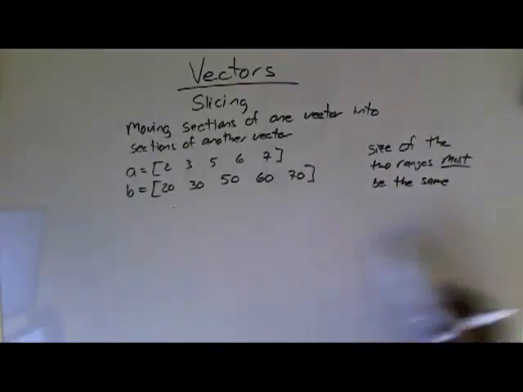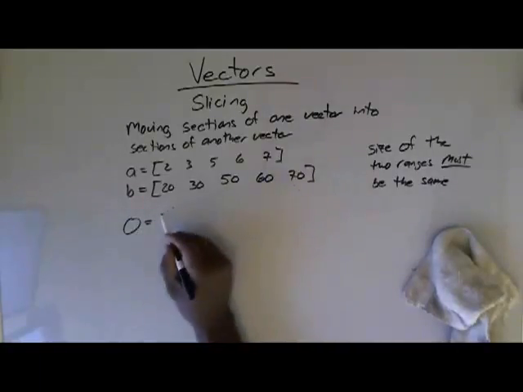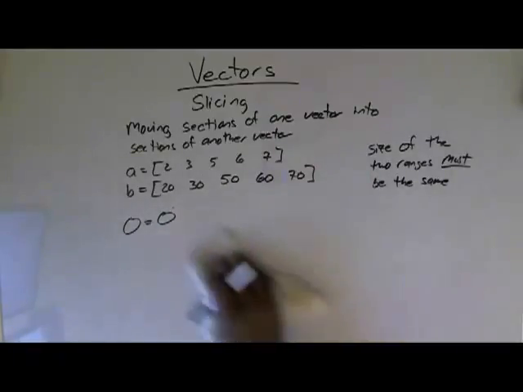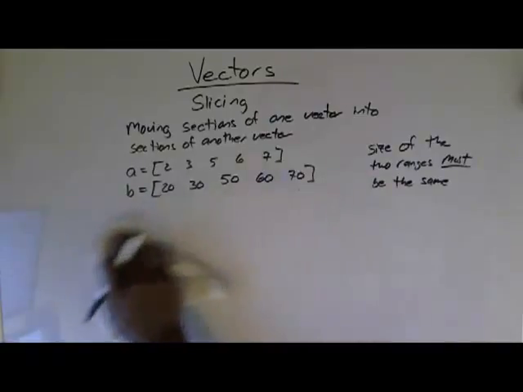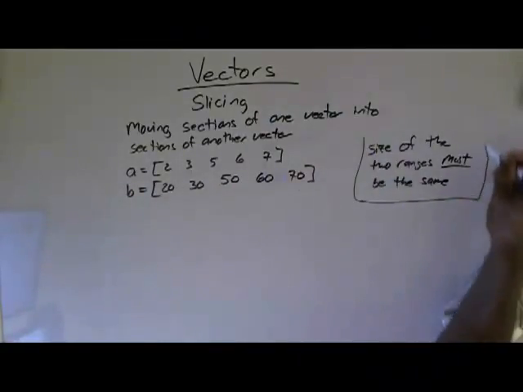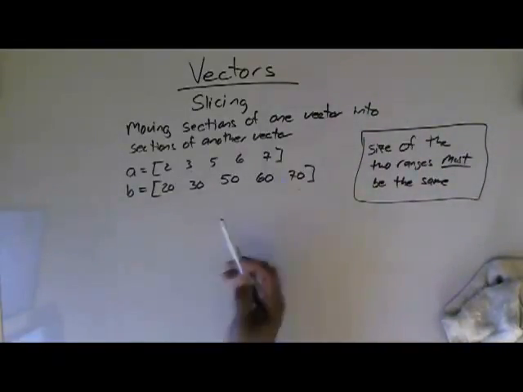In other words, what I'm doing on the left has to have the same size as what I'm doing on the right, because if not, you're going to get an error. You're going to get the red letters of death, and it's going to bing at you. So just keep in mind that the sizes of the two slices, where you're putting stuff into and what you're putting in there, have to be the same.